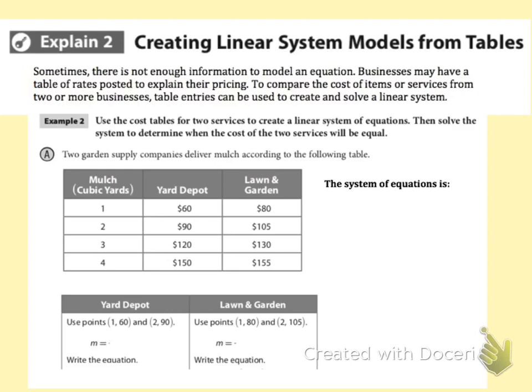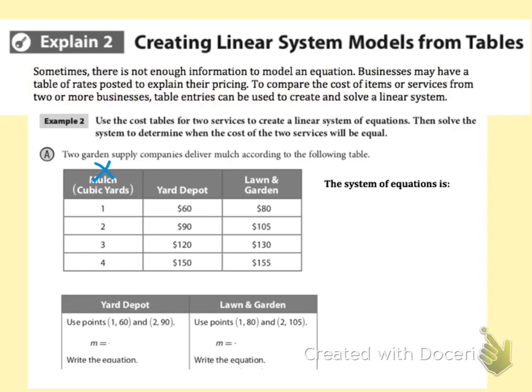Two garden supply companies deliver mulch according to the following table. This column is the mulch, how much they're ordering in cubic yards, so this would be our x coordinates, or our independent variable. It's like they're combining two tables.